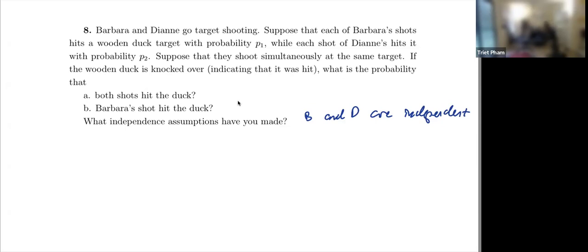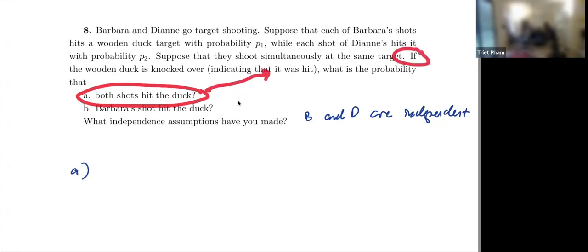And by the way, the second one, another thing we need to pay attention to is this word right here: if. So this is a conditional probability question without stating it out loud as such. Is that okay? Because of the word if.